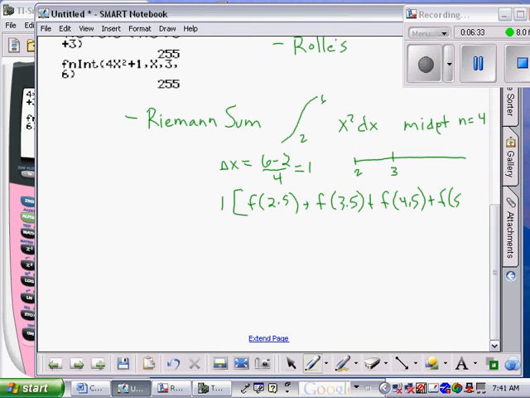And finally, one more time, because if I have 4 rectangles, I need 4 f ofs. If I was going to do a left one, guys, where would I start? F of 2, and I wouldn't have the 6 there. It'd go f of 2, f of 3, f of 4, and f of 5. If I do a right, I would start with 3 and go through 6. Okay?